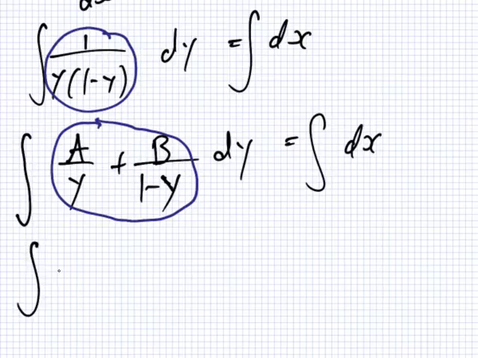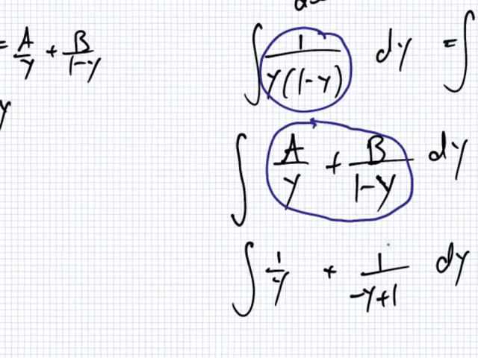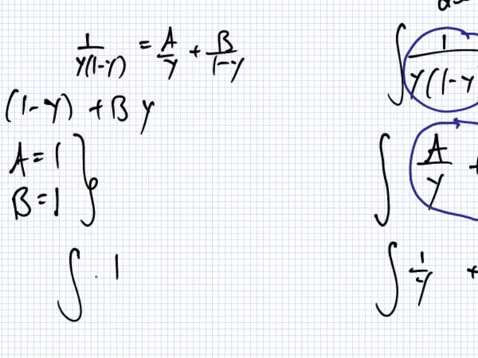Right, so this will be 1 over y plus 1 over 1 minus y, dy equals dx. Now both of these are in the formula book. There's a rule in the formula book for this, 1 over ax plus b.